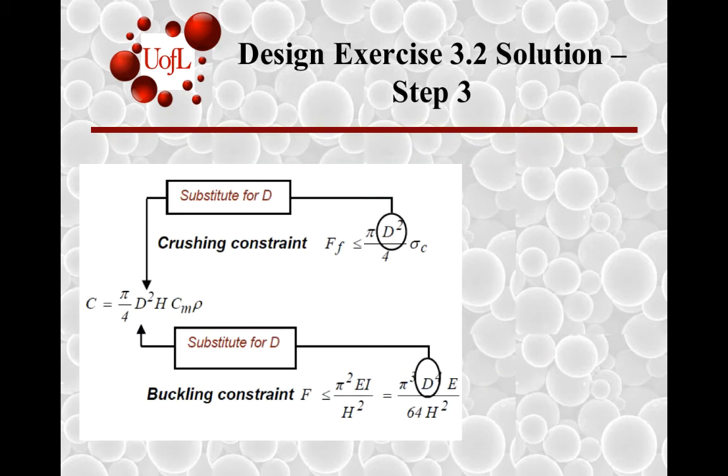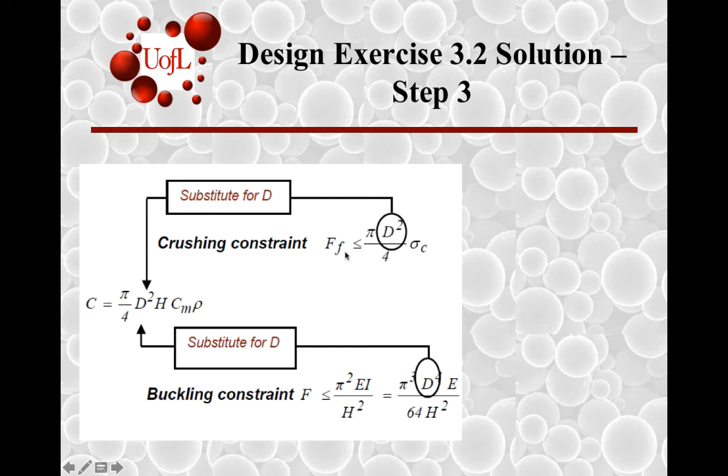So let's take that equation for cost that we looked at based on the volume, the density, and the cost per unit mass, and apply it to the first performance constraint based on crushing.